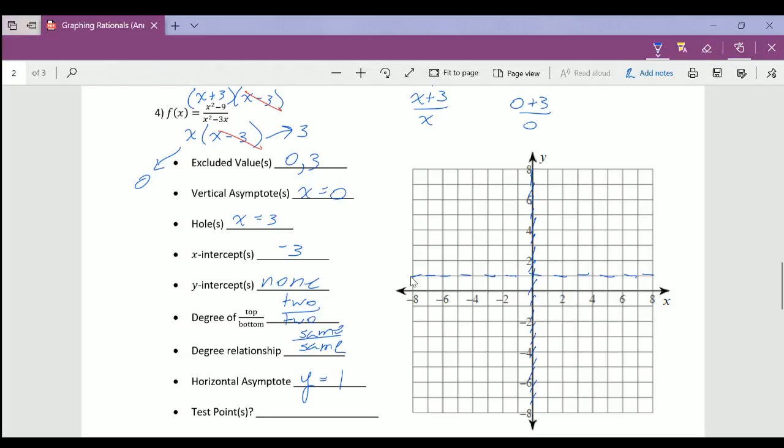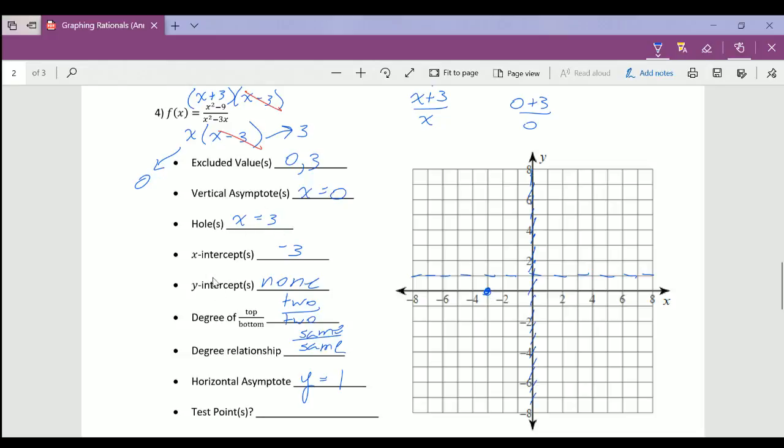We have an x-intercept at 3. No, we do not. That's a negative 3. X-intercept at negative 3. Sorry, I was scanning weird.